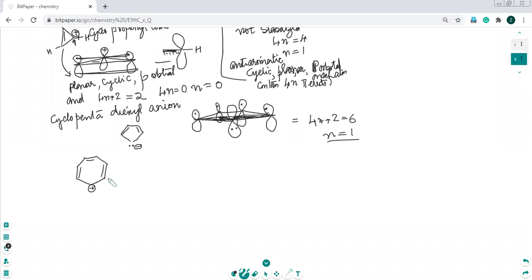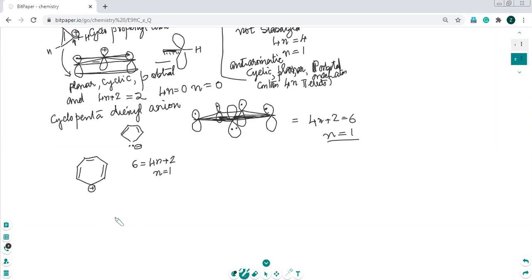Plus. Again, you have the same situation. Okay, total 6 pi electrons. 6 equals 4n plus 2. Therefore, n equals 1. So all these compounds are aromatic.